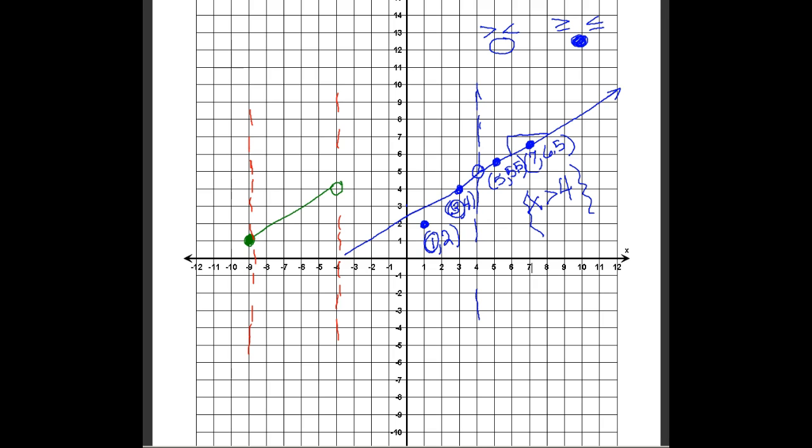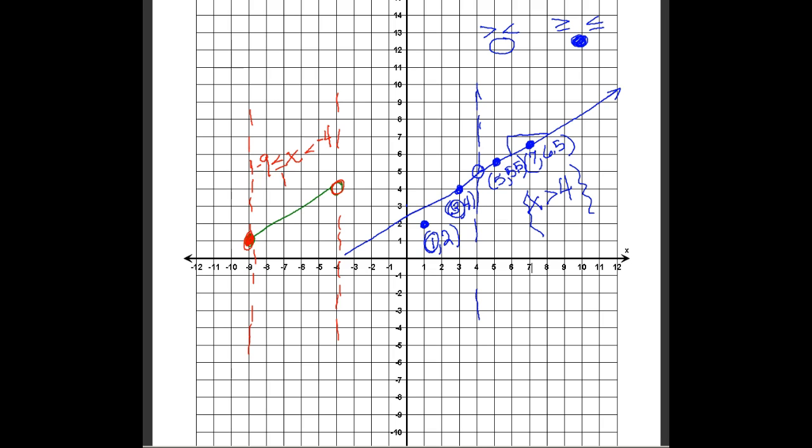So my domain here is going to be that x is between -9 and -4, where -9 is included, because this is where I start and this is where I end, or vice versa, whichever way you want to look at it. But there's your domain: x being between -9 and -4.